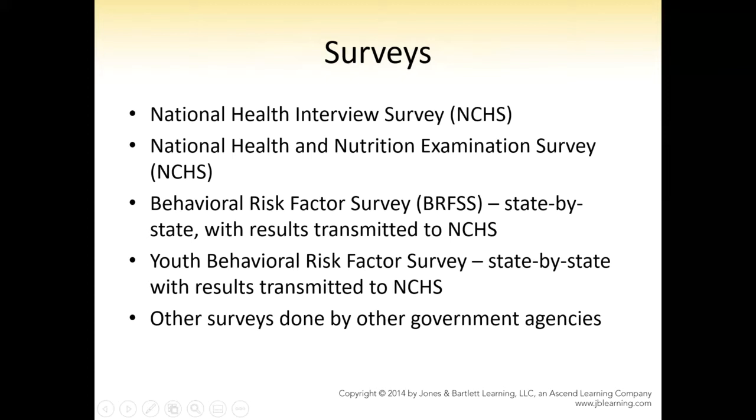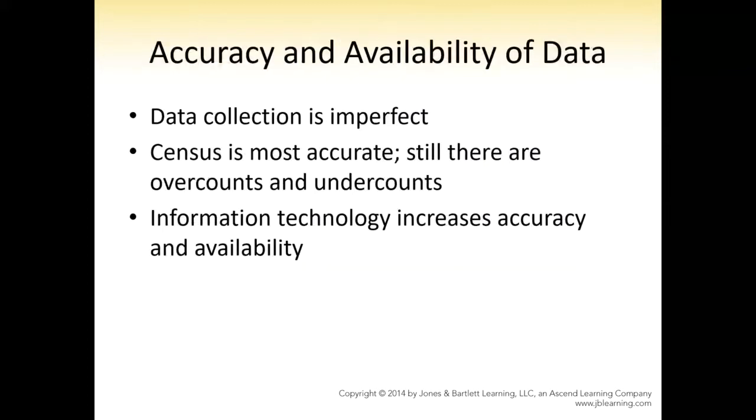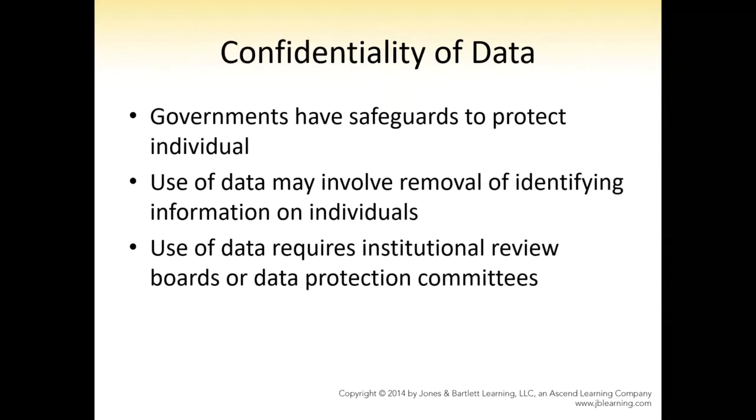But again, these are just done throughout time to get an idea of where we are in terms of health. Data collection with surveys is generally imperfect. It's hard to be perfect. The census is the most accurate because there's such a big effort into getting people to answer those. Information technology increases accuracy and availability of surveys.